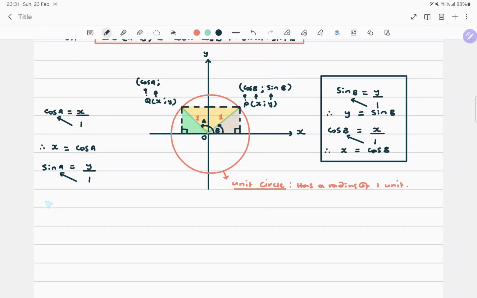We cross multiply. We'll see that y is essentially sine A. Maybe we can say y at Q, x at Q, y at P, x at P, so that we are clear as to what we are using this for.